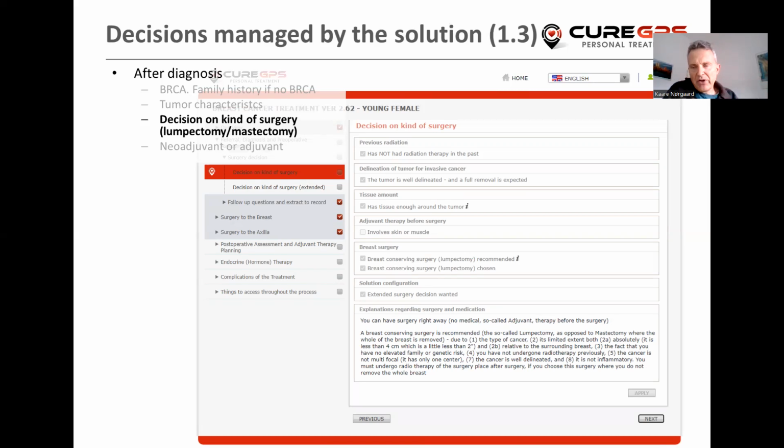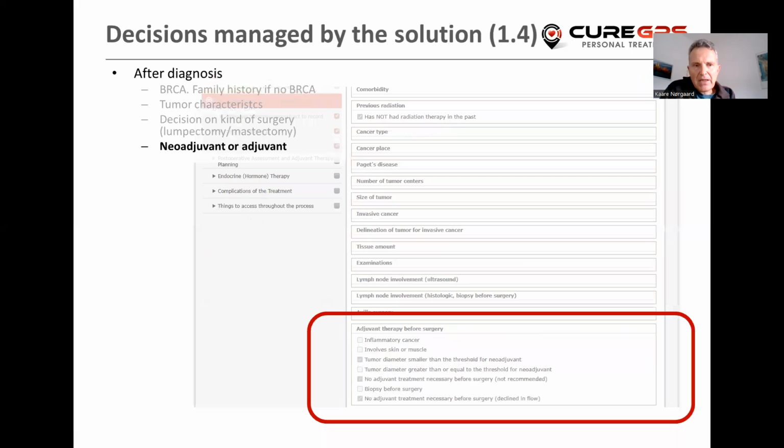And then we record that recommendation, which is correct and in conformance with the guidelines, and we record what the patient subsequently chooses to have. In this case, she chooses to have a lumpectomy as recommended. And then there's a lot of documentation which the tool produces in order to tell the patient or the relatives what is the background of the recommendation.